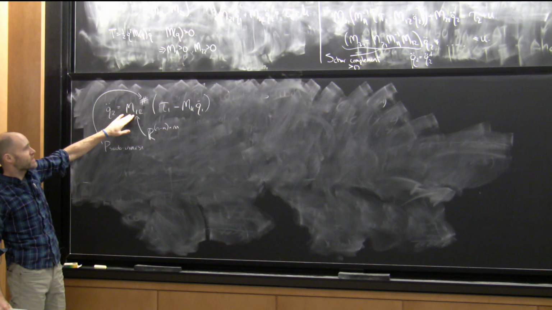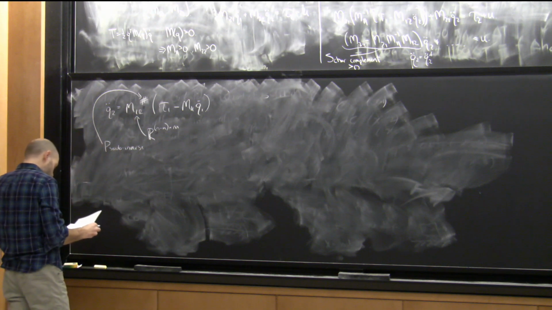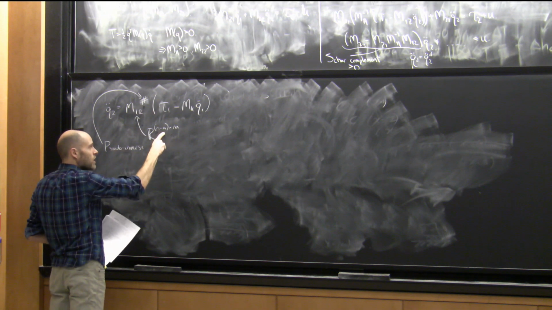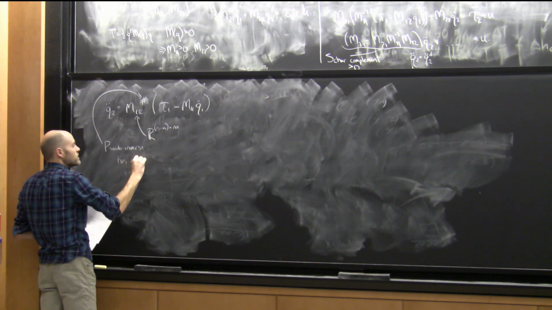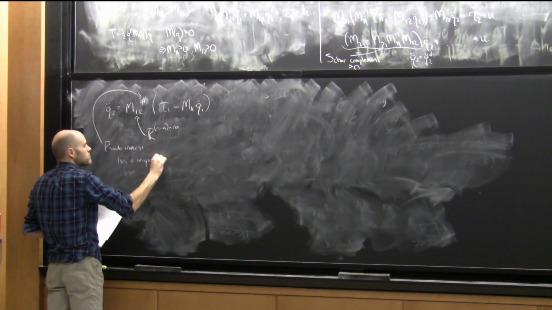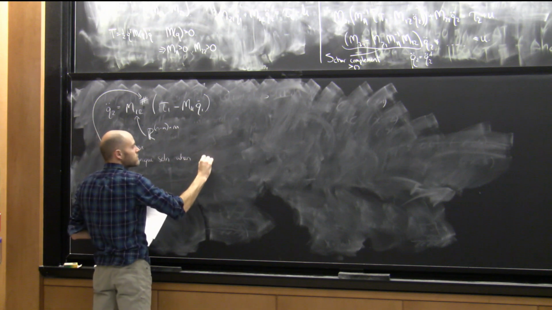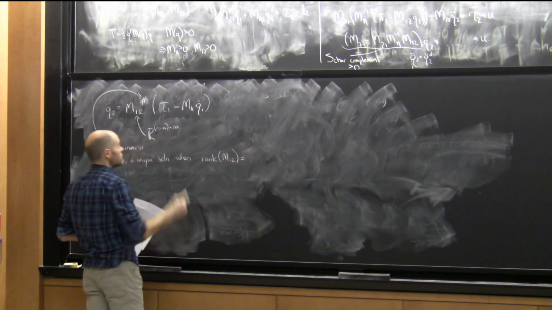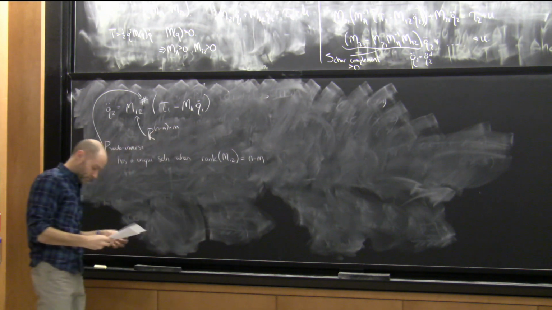Okay, so that's already one caveat. This pseudo-inverse, just to be clear, has a unique solution when the rank of that matrix equals its full row rank here, n minus m.